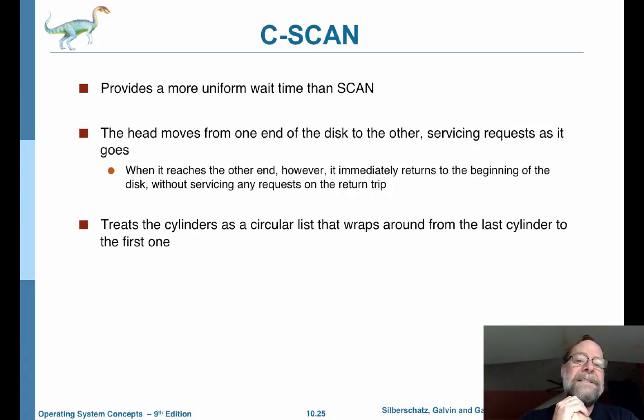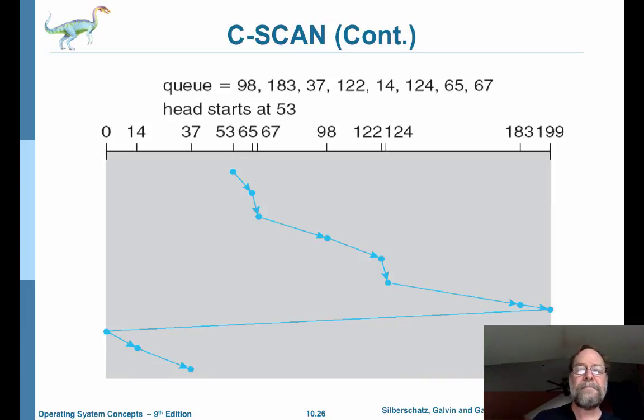It's basically a simple variant where the head moves from one end of the disk to the other, but when it gets to the other end, it just quickly moves all the way back to the other side, ignoring any requests along the way, and then starts across. So you can think about it like it services requests only moving from, say, left to right, and then it jumps all the way back to the left edge again, and then goes back through and services any requests that came in.